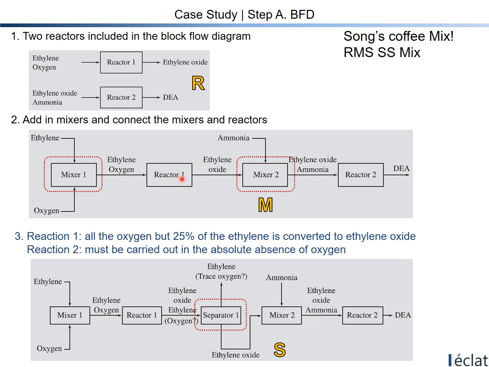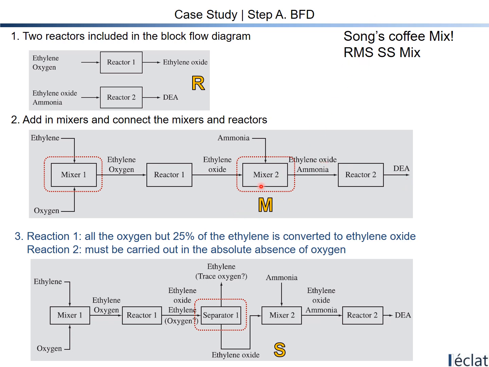Then the ethylene oxide from reactor 1 is fed into mixer 2 with ammonia, and then the mixture goes to reactor 2. Finally, we will have the DEA as the desired product. So this step is about the second one.